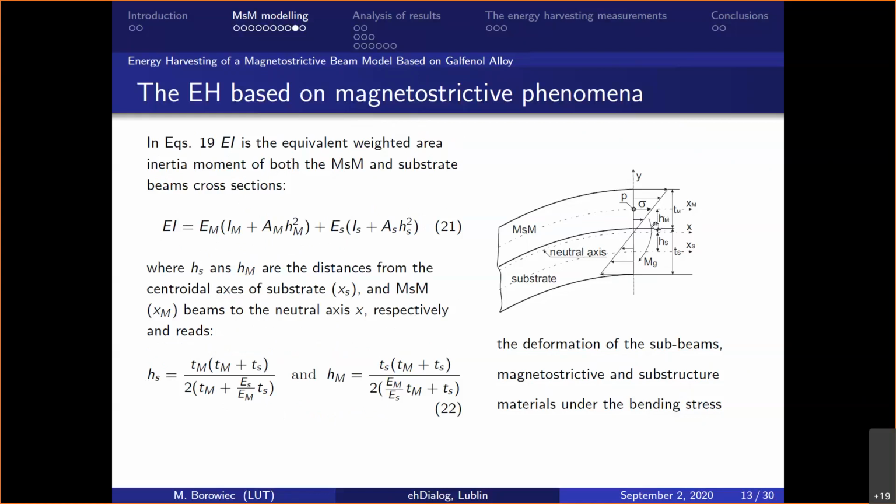HM is the distance between the neutral axis of the full beam and only the part of the magnetostrictive, but HS is the distance of the neutral axis and the central axis of the substrate beam.